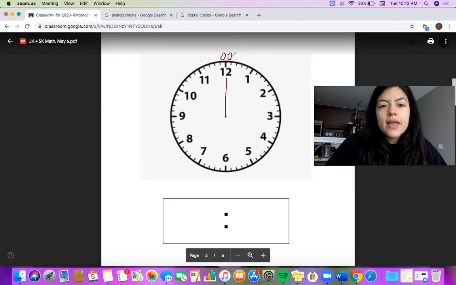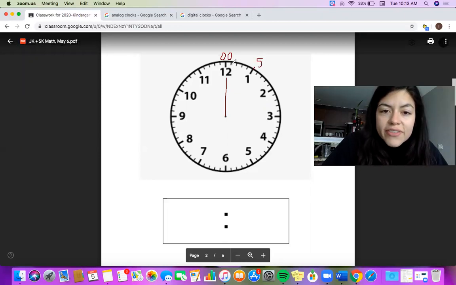Okay? If the hand was pointing at the 1, it would be 5 minutes. If you see here, there are 5 little lines. This is 1 minute, 2 minutes, 3 minutes, 4 minutes, and 5.